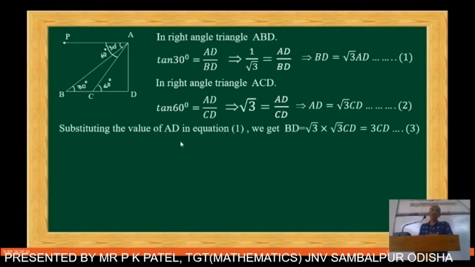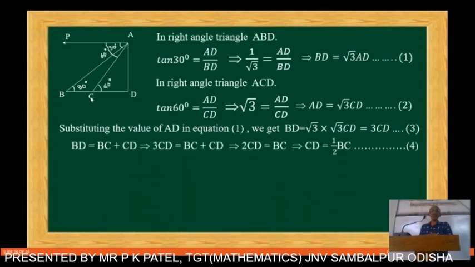Substituting the value of AD in equation 1, we get BD equals root 3 into root 3 CD, so that is 3 CD. BD is equal to 3 CD, let that be equation 3. BD is 3 CD, 3 times CD.